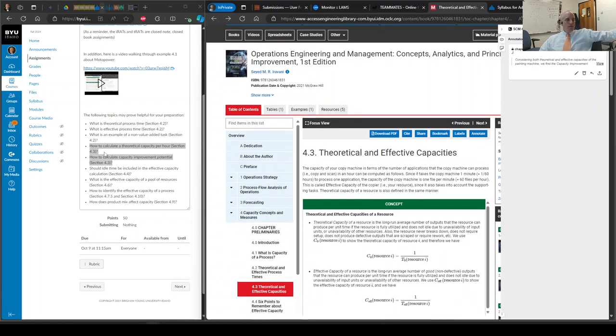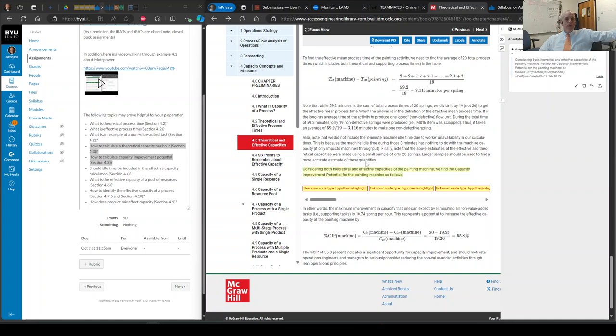This section, section 4.3, talks about how to calculate the theoretical capacity per hour. We're also looking to calculate a capacity improvement potential. Down at the bottom is the capacity improvement potential, both the percentage as well as the actual number.